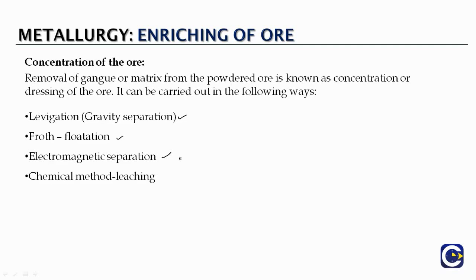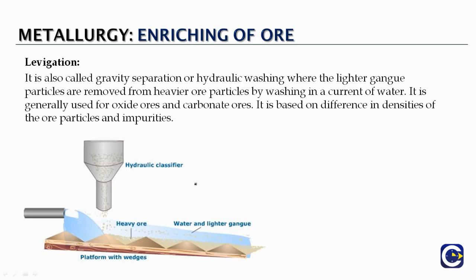This is mainly useful for the separation of substances which have magnetic properties. And the fourth, which is used especially in the case of the noble metals, is the chemical method called leaching.